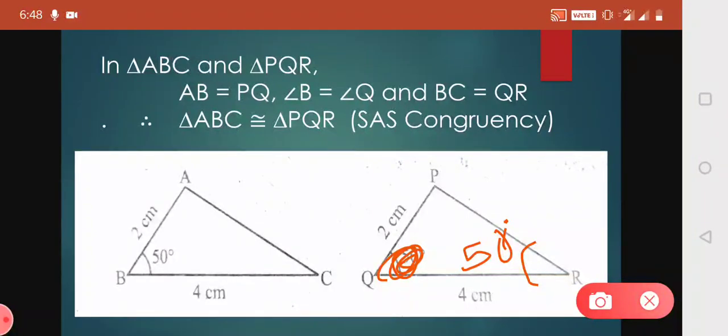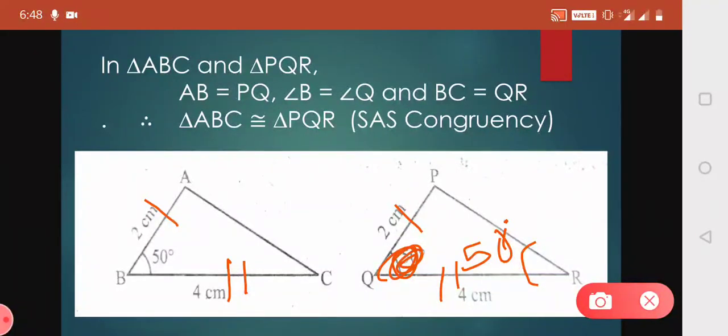But here we can see the two sides, that is AB and BC. Here also PQ is given as 2 centimeters, so you can take it as equal, and QR as 4 centimeters, so BC and QR are also equal.